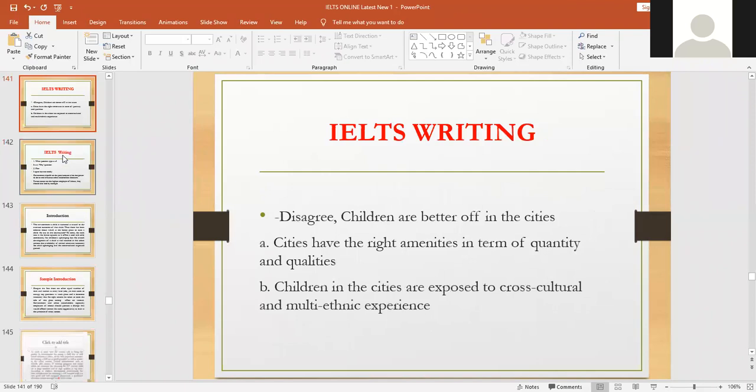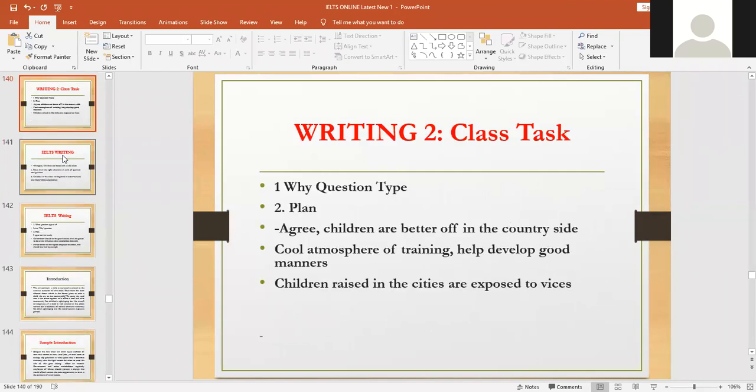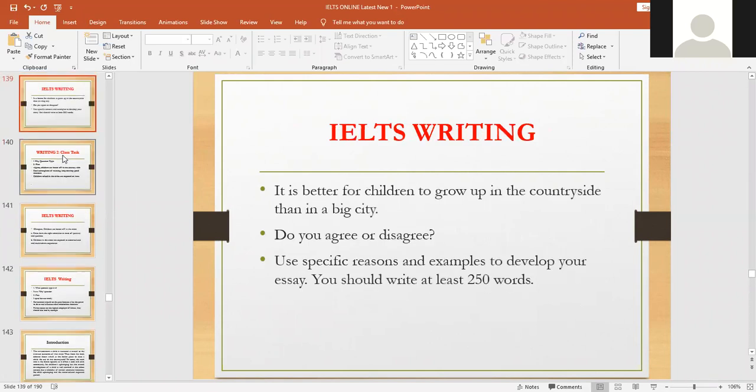I lost part of it because I didn't save immediately, but I was able to recapture. The question we have been treating is: it is better for children to grow up in the countryside than in the big city. Do you agree or disagree? Then use specific reasons and examples to develop your essay.